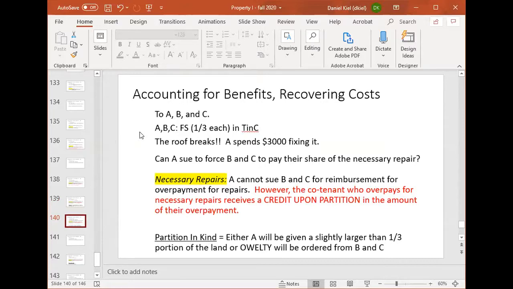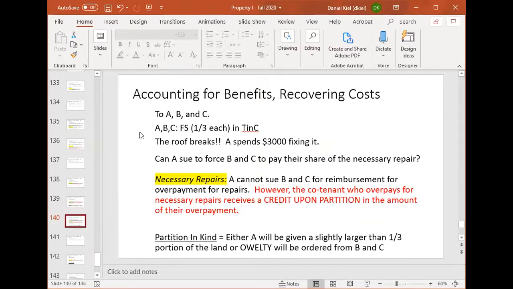Either A will be given a slightly larger than 1/3 portion of the land, or the court will order payment of that 1,000 from each of B and C in the form of OLT. Okay, so it might be that they get 1/3 plus whatever portion to reflect their overpayment.